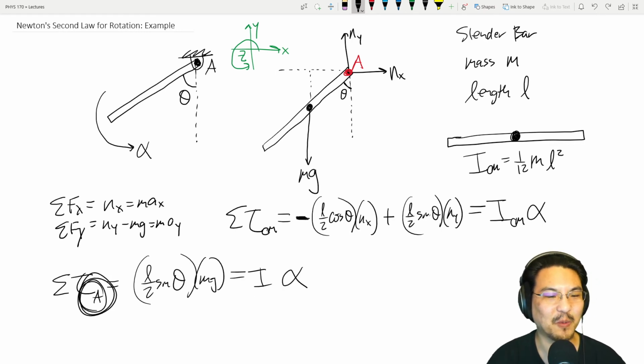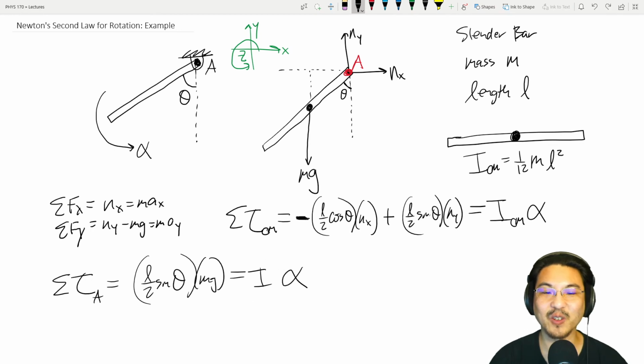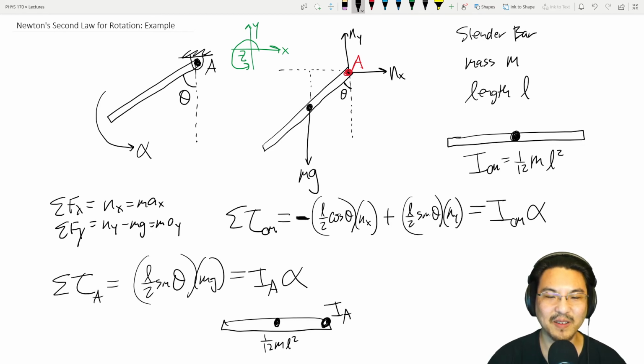And then that's it, equals I alpha. Which I? Because we sum torque about point A, this moment of inertia has to be about point A. Now, what is the moment of inertia about point A? About the center of mass, it's 1/12 mL squared. But about the end, let's say over here, what is it? More or less? About the center of mass, it's a minimum, so about the end it's the center of mass value plus extra.